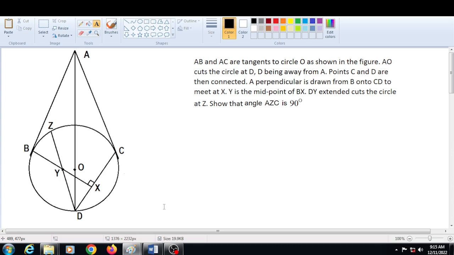A perpendicular is drawn from B onto CD to meet at X. Y is the midpoint of BX. DY extended cuts the circle at Z. The task is to show that the angle AZC is 90 degrees.